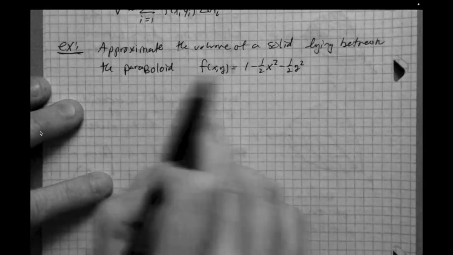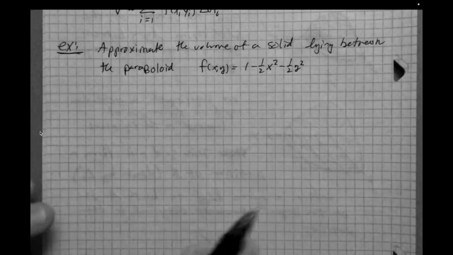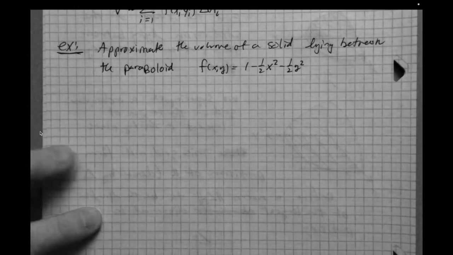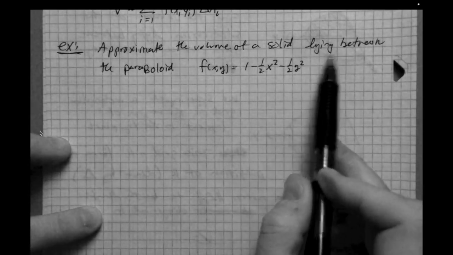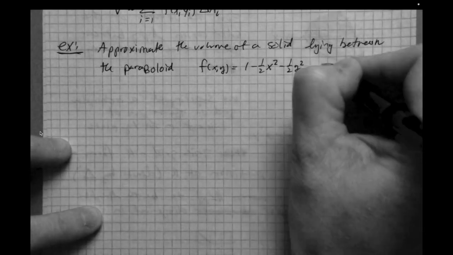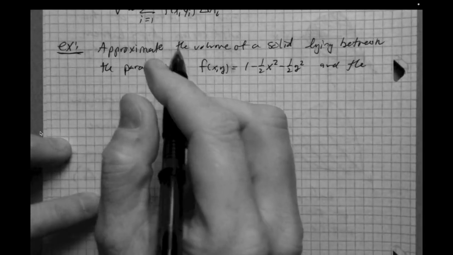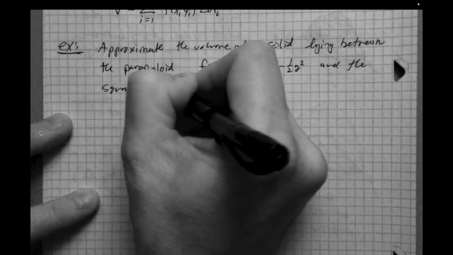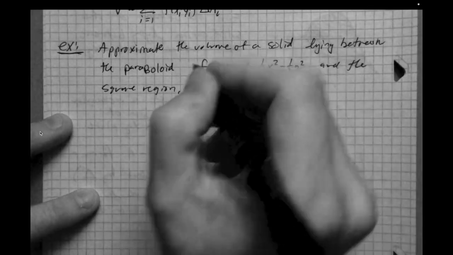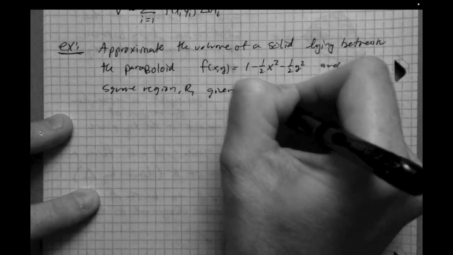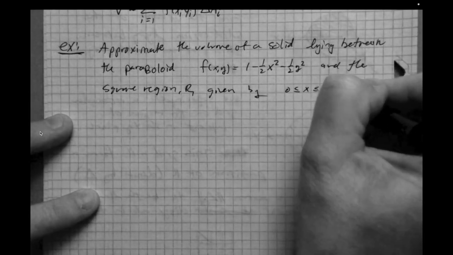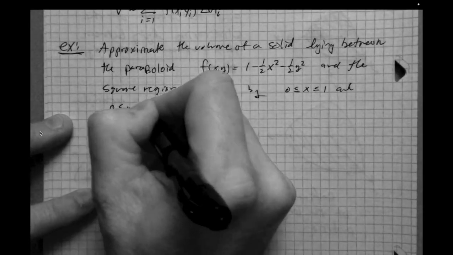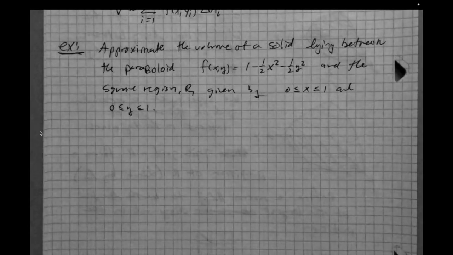This is the function that describes the surface, which creates this solid figure called a paraboloid. So we want to approximate the volume of the solid lying between this paraboloid and the square region, and we'll call it R in our construction, given by 0 less than or equal to x less than or equal to 1, and the same for y. So we've got some square region underneath this paraboloid.